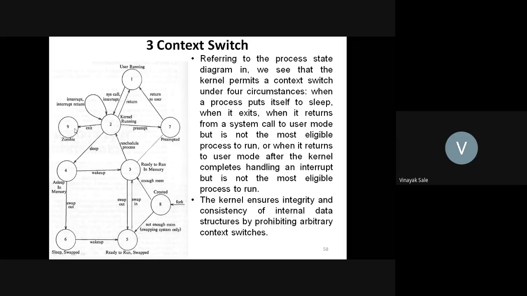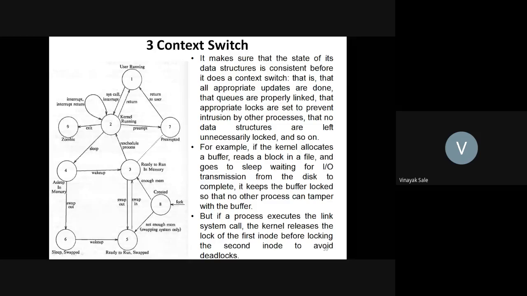So the kernel ensures integrity and consistency of internal data structures by prohibiting arbitrary context switches. It makes sure that the state of its data structures is consistent before it does the context switch.